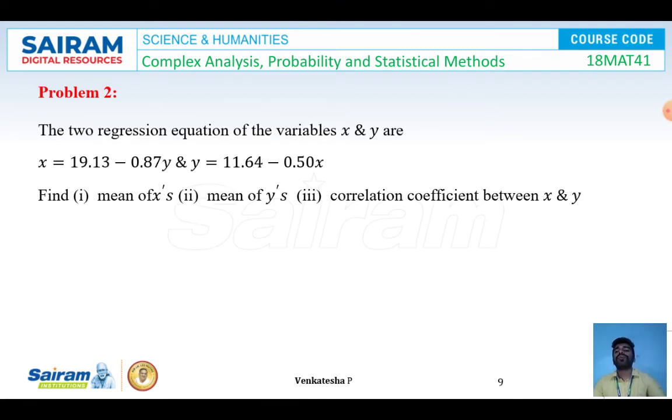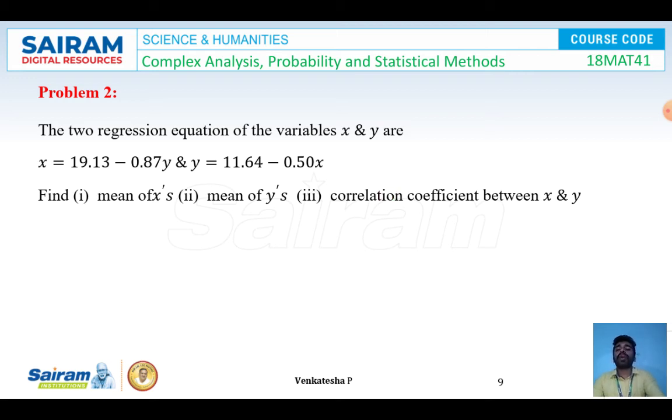Problem number 2. The two regression equations of the variables x and y are x is equal to 19.13 minus 0.87y and y is equal to 11.64 minus 0.050x. So from these equations, I am going to find the mean of x, the mean of y, and the correlation coefficient between x and y.